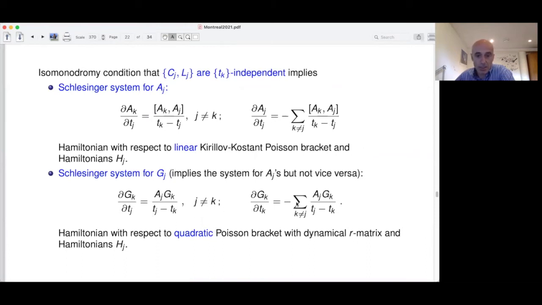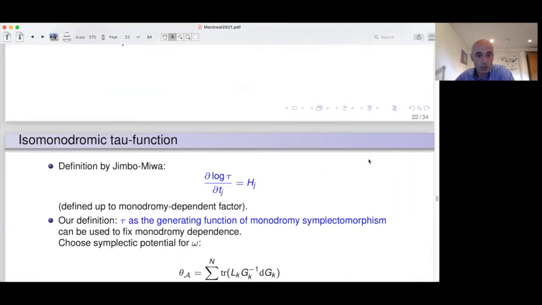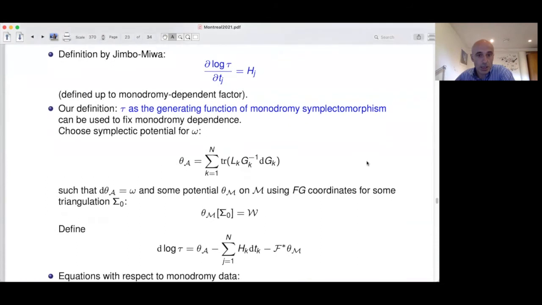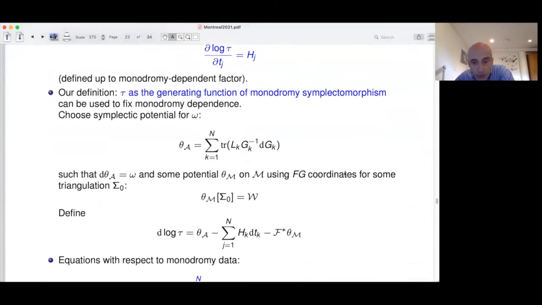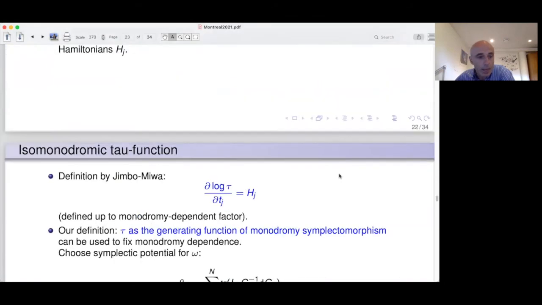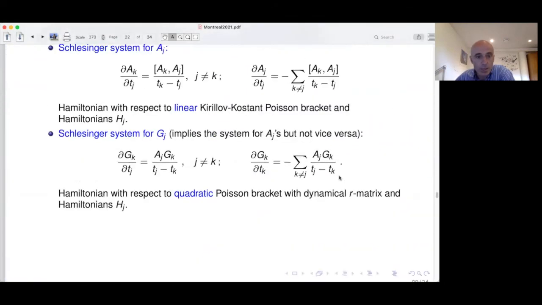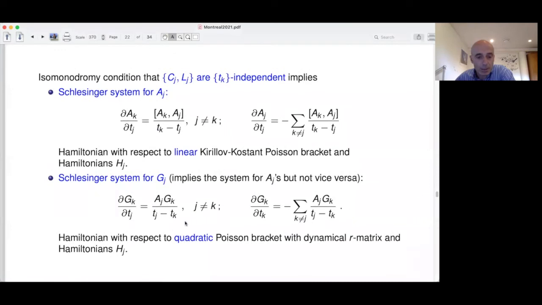So what replaces this for that version of the Schlesinger system? So the theorem is that for this form of the Schlesinger equations, the natural bracket in terms of G's is this quadratic bracket in terms of the dynamical matrix, and the Hamiltonians are the same, the good old Jimbo-Miwa Hamiltonians.